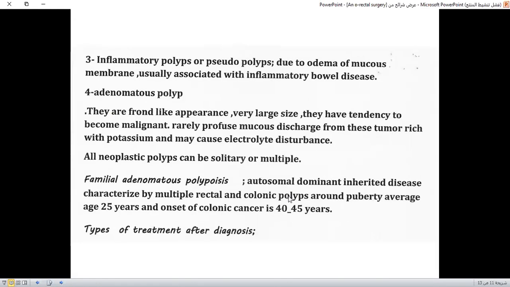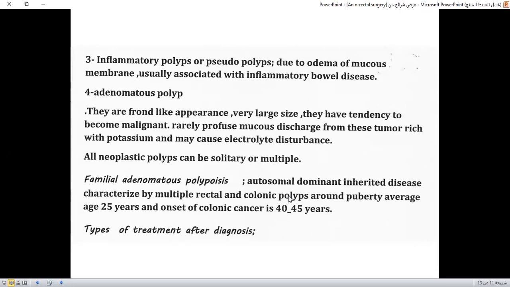Inflammatory polyps or pseudopolyps are due to edema of the mucous membrane, usually associated with inflammatory bowel disease. Adenomatous polyps have a frond-like appearance and very large size.